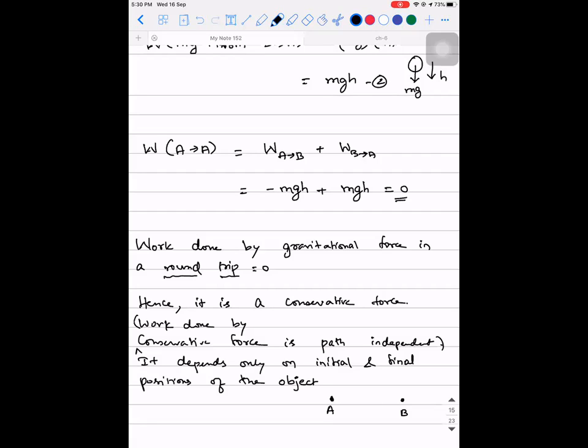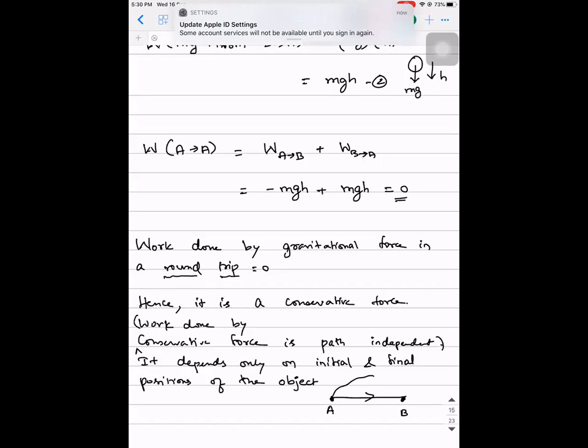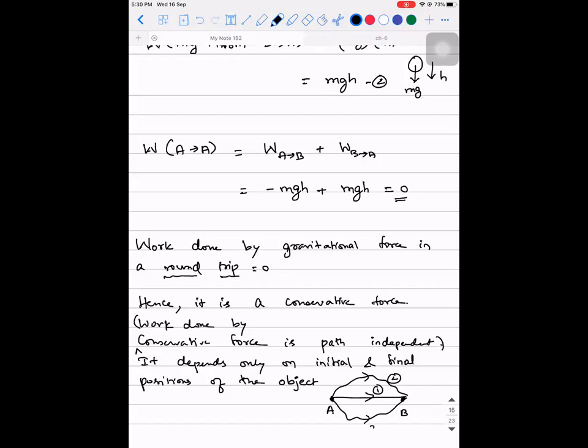Whether you move the object from A to B in a straight line or along the second path or along the third path or anything of the sort, work done in all the scenarios will be the same, provided the force is conservative in nature.